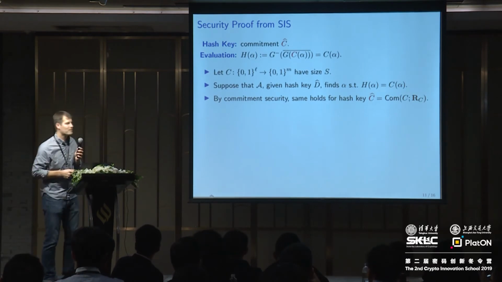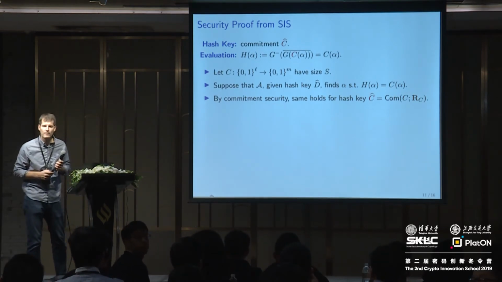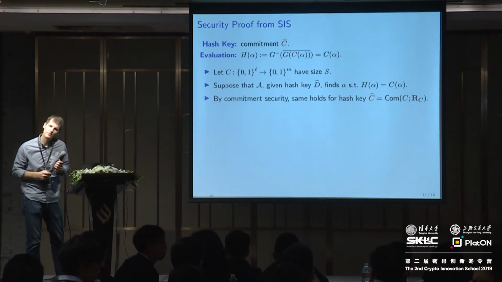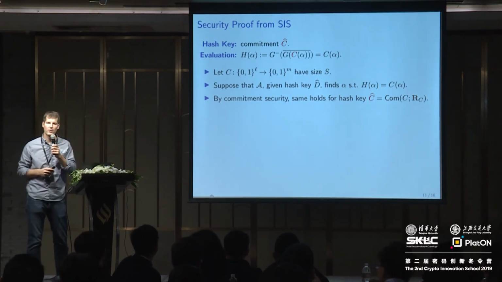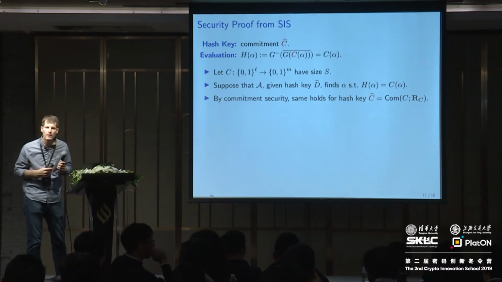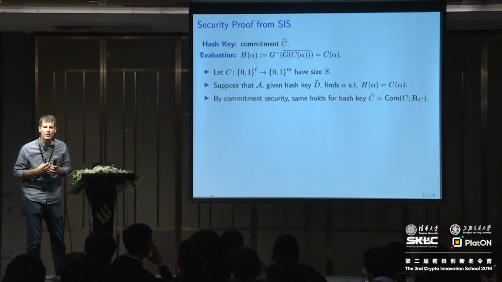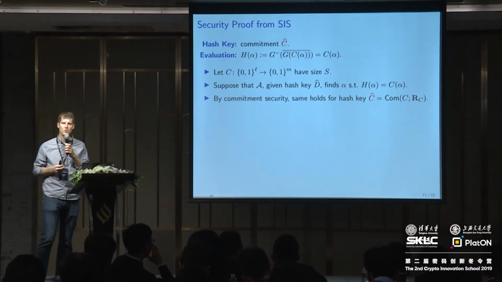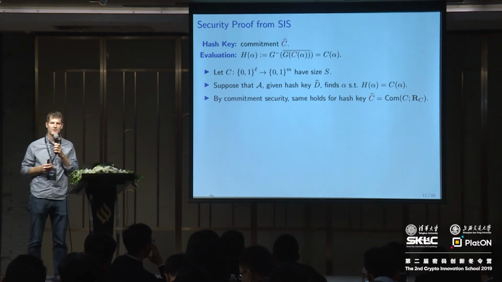Go ahead. Does this mean the simulator knows the circuit C before he gives the hash key? So the adversary, actually, we can think of the adversary as choosing which circuit it wants to break. Yes, so the notion of correlation intractability is that the attacker declares which circuit C he would like to use.